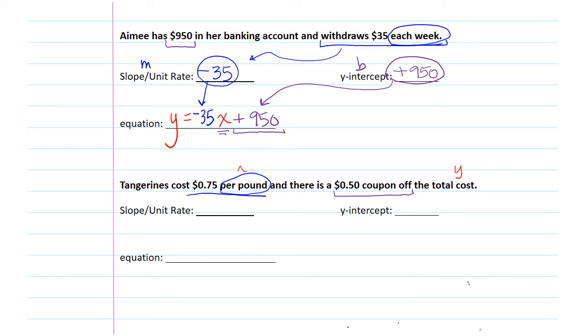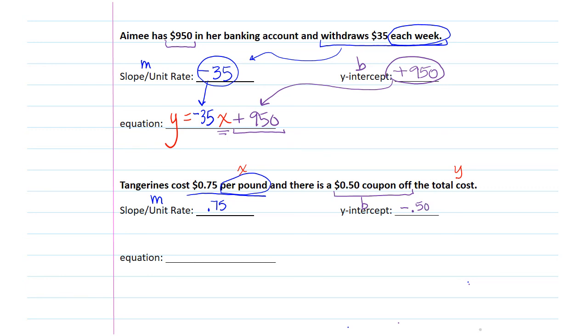And then our pounds will be x, because your total cost depends on how many pounds of these tangerines you're going to buy. So let's translate this real quick. The cost is 75 cents per pound, so I'm going to put 0.75 because that's my unit rate, that's my m. And then my y-intercept is b, and that's taking off 50 cents.